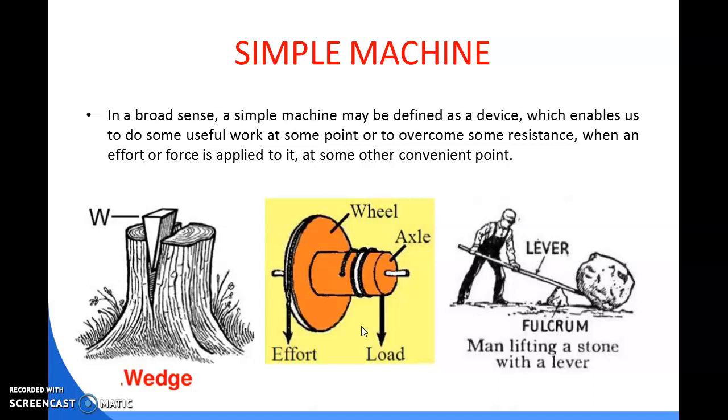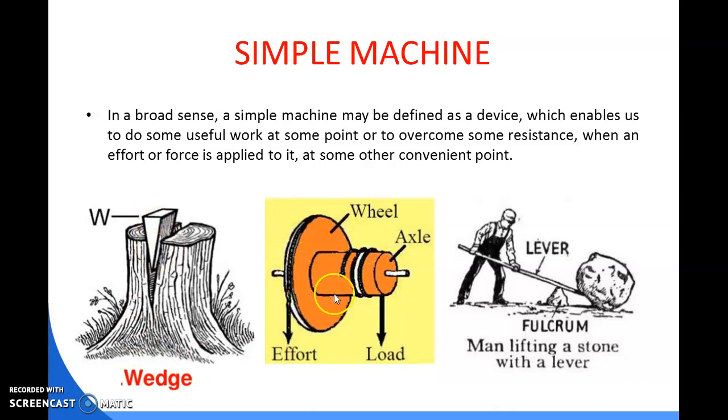A simple machine may be defined as a device which enables us to do some useful work at some point or to overcome some resistance when an effort or force is applied to it at some other convenient point. You can see these are some examples of simple machines, like the wedge here.